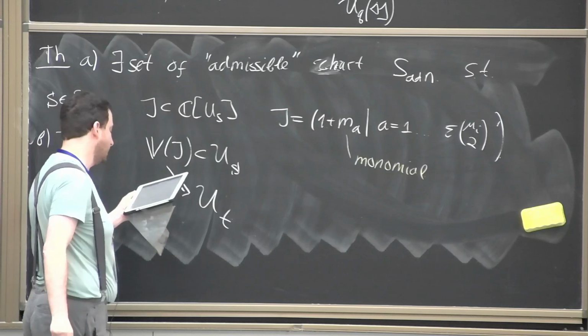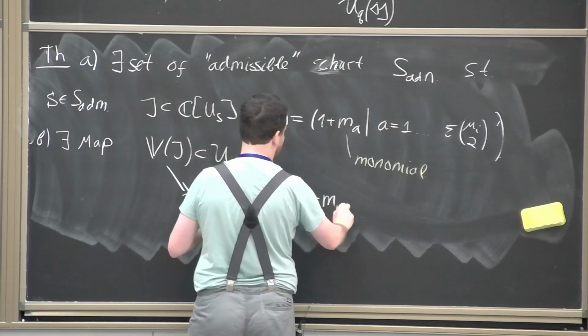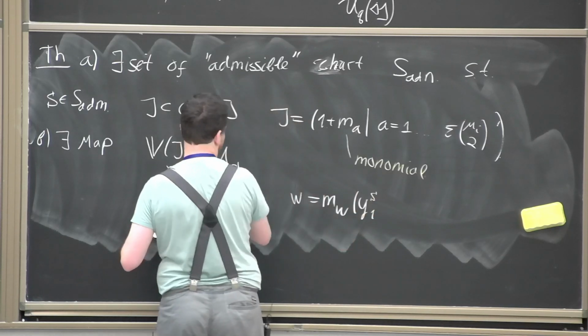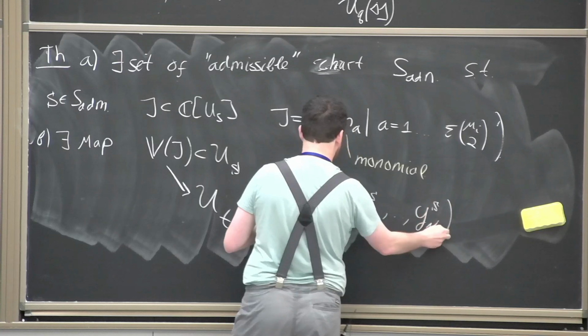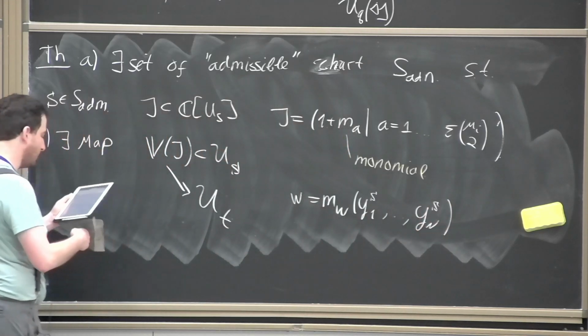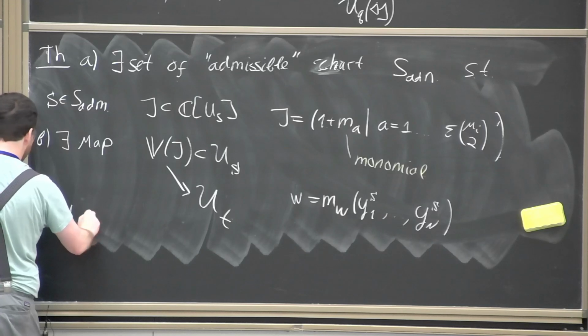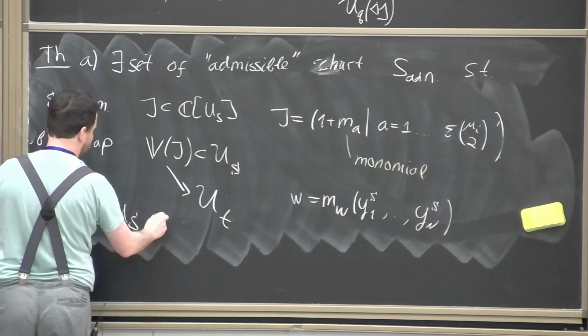The coordinates W here are given again by some monomials in terms of the coordinates in this chart S. And moreover, this U_T is a Hamiltonian reduction of the chart above via this ideal.